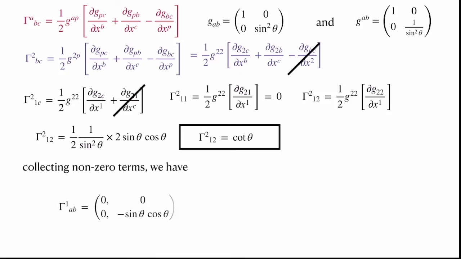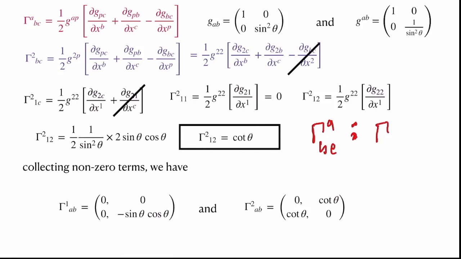So we see our non-vanishing term gamma ABC. We have split it into terms, which we write as gamma 1 BC and gamma 2 BC. Each of them is now a second rank tensor, so we can represent them in terms of a matrix. That is what we have given here.